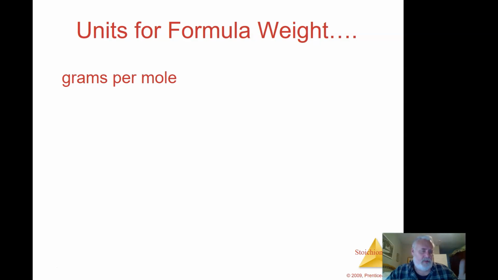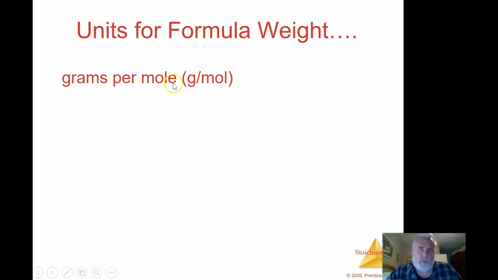Okay? There's different units associated with mass of an atom or a formula. And a lot of times it's grams per mole. And the abbreviation for that is lowercase g per lowercase mol. One of the lamest abbreviations of all time.